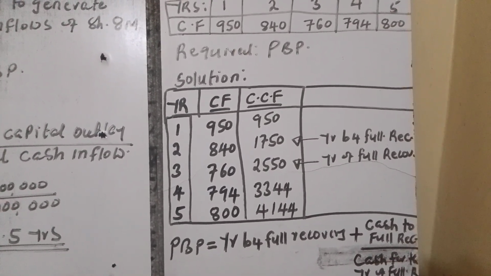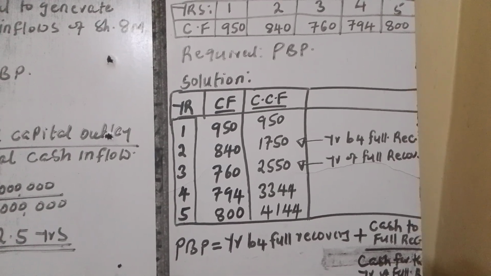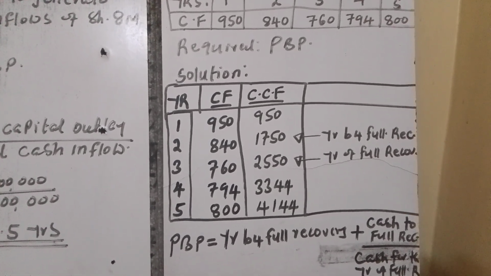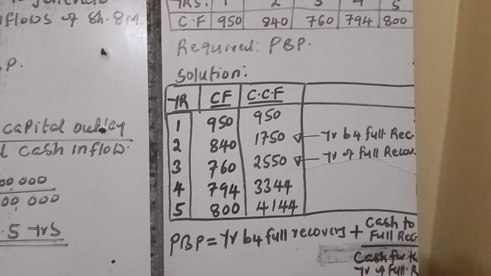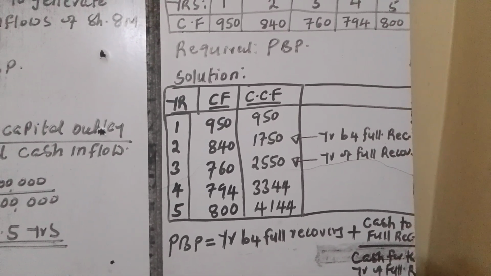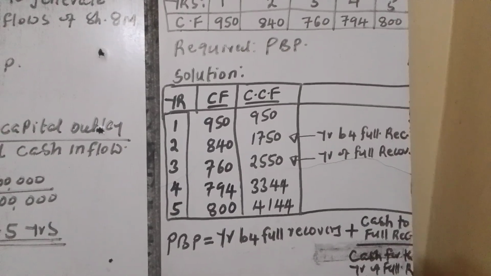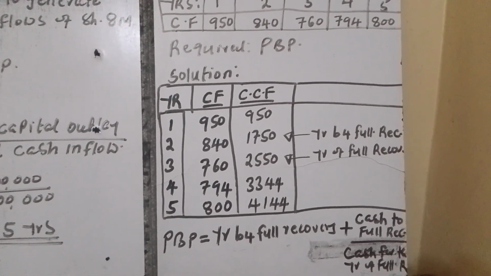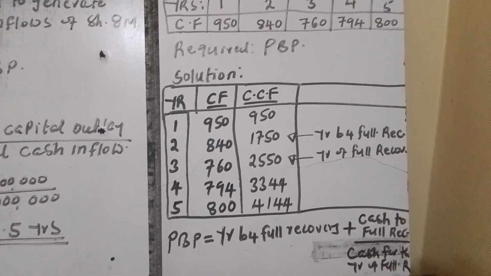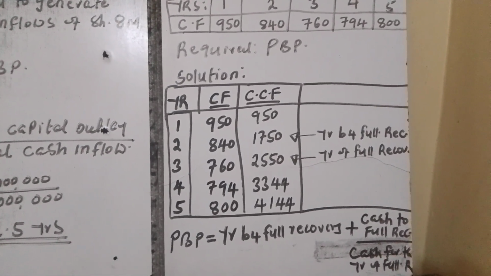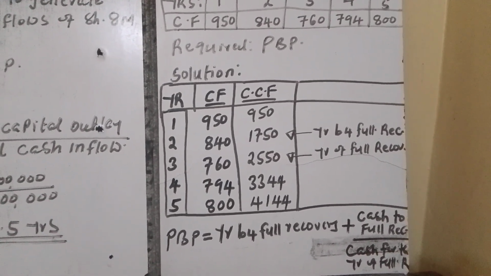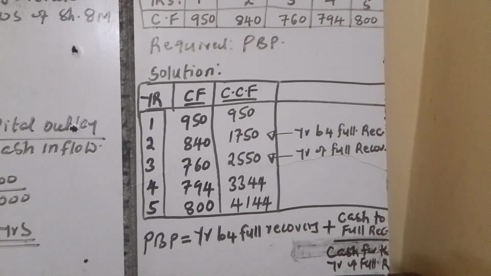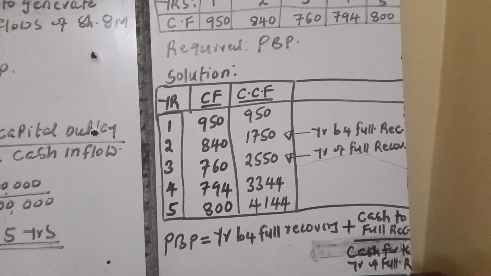Then 1750 plus 760, you get 2550. 2550 plus 794, you get 3344. 3344 plus 800, you get 4144. I believe you understand how to go about cumulative or accumulation of numbers. I think in statistics you did cumulative frequencies. So you are accumulating these numbers.